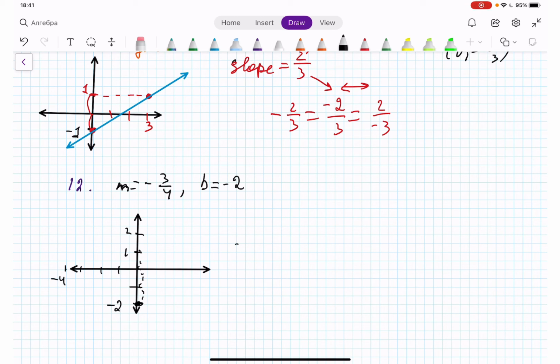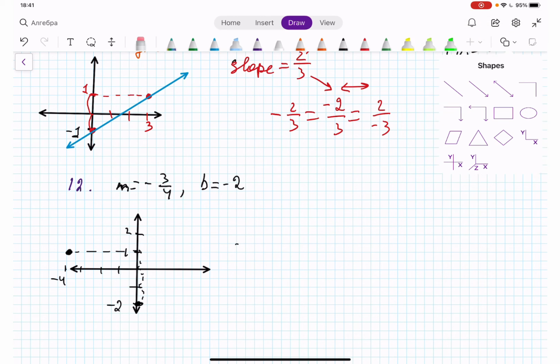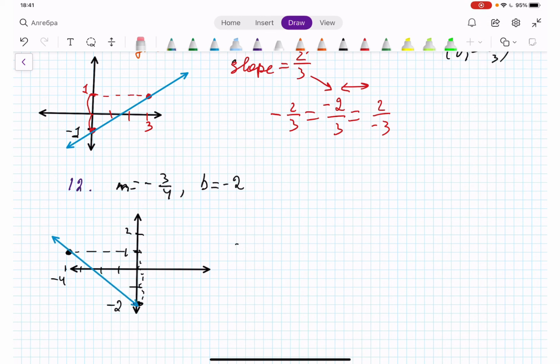Negative 4. So if I come here, this is going to be my second point, and my graph is going to be, okay, this is my graph.